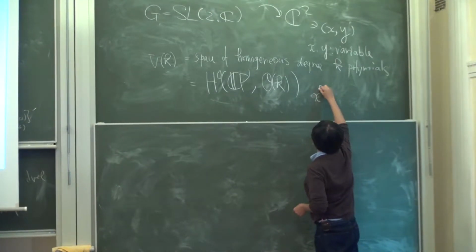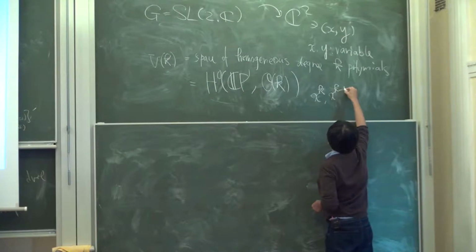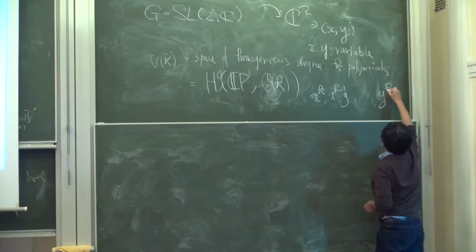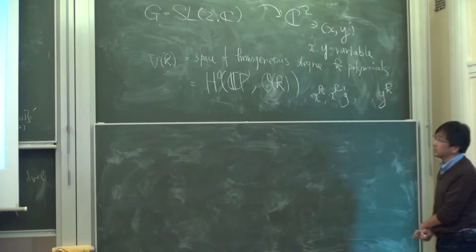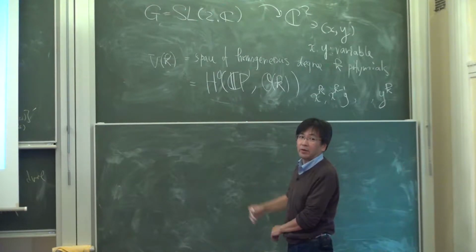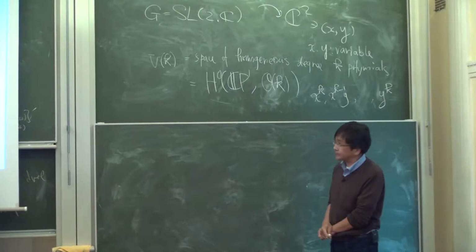It has basis x to the k, x to the k minus 1 times y, and so on, and the last one is y to the power k. So it is k plus 1 dimensional. It's also known that this Vk is an irreducible representation of SL2C, which just means that there's no non-trivial sub-representation of Vk.